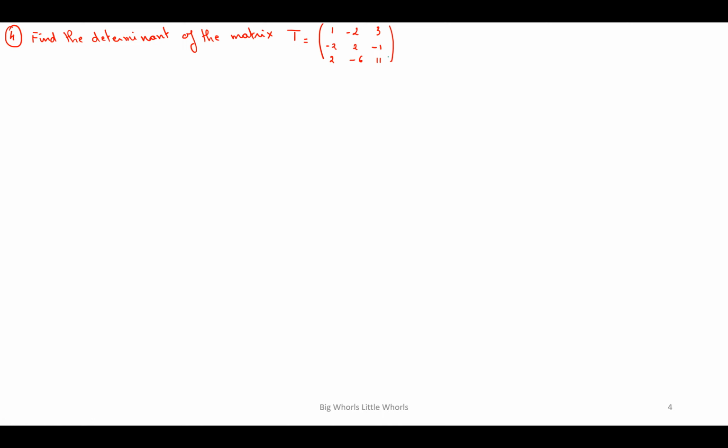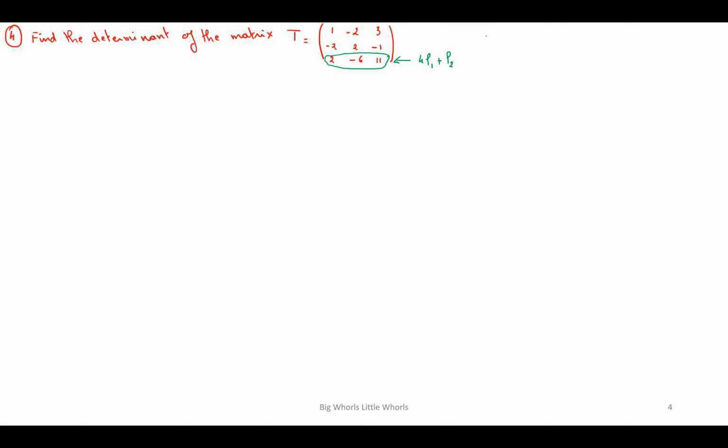If you look closely, you will notice that the third row is a linear combination of the first two. So this third row is 4 times row 1 plus row 2.